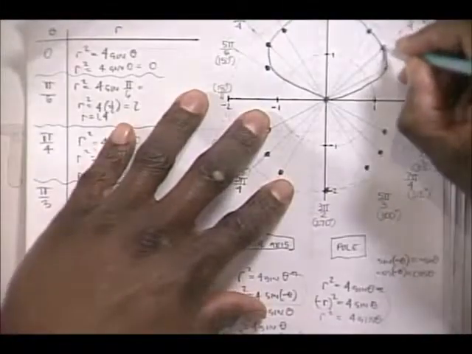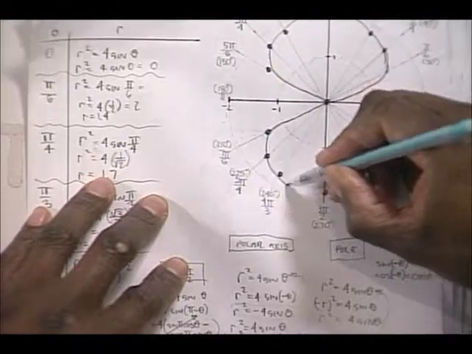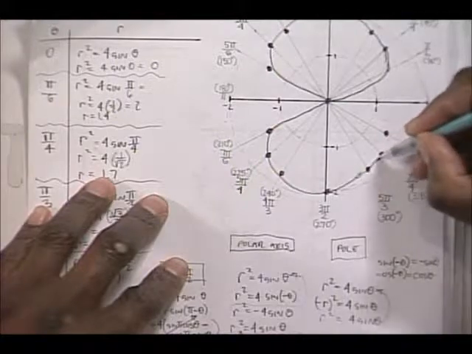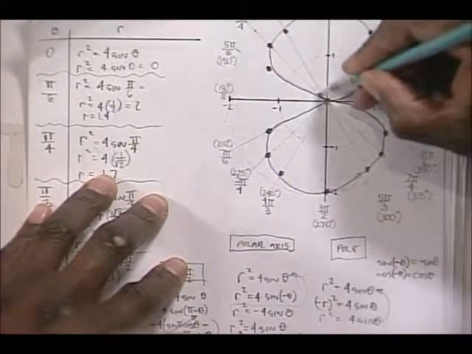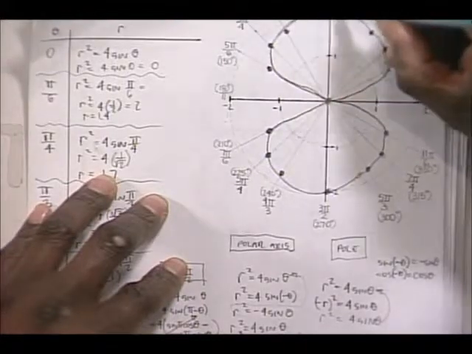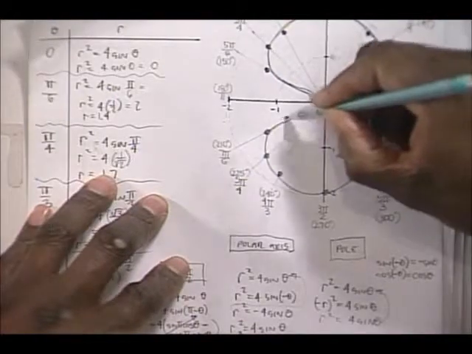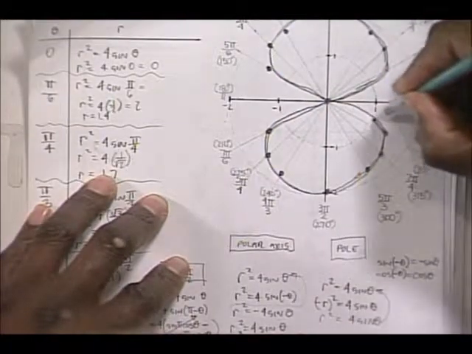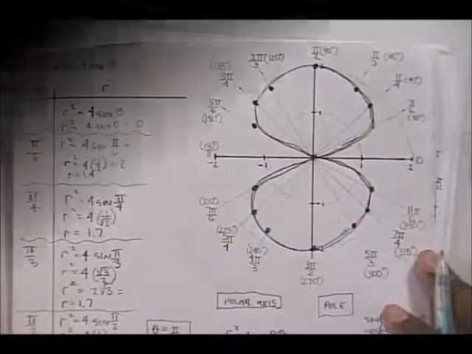Again, you're looking at this shape that's called a lemniscate, sort of a bow tie looking type shape, something like this. Like a bow tie looking type shape. It's called a lemniscate. Something like that. A figure eight type shape. All right.